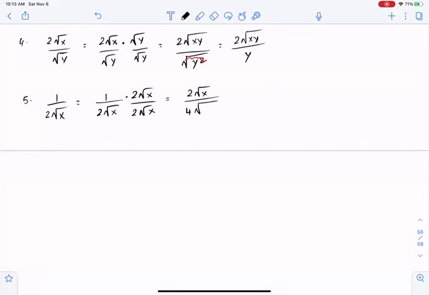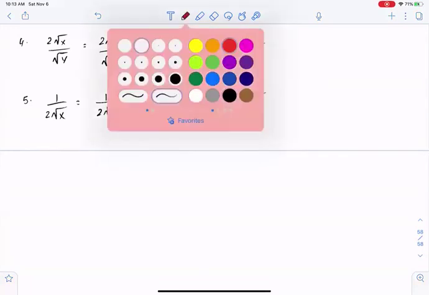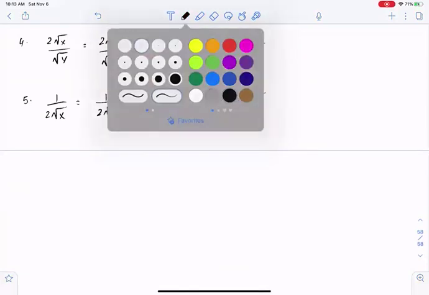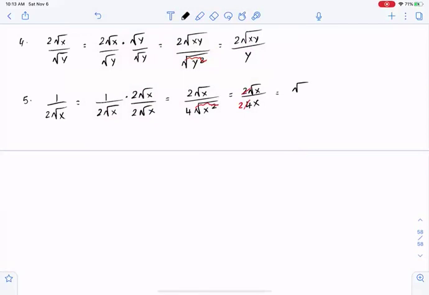Square root of x times square root of x, squared. The root and the square will get cancelled. So 2 root x divided by 4x is what we have. But then if we simplify, the 2 and the 4 will get cancelled. We'll end up having square root of x over 2x.